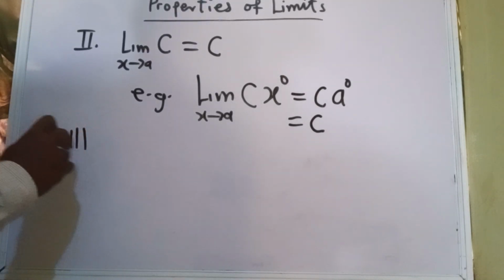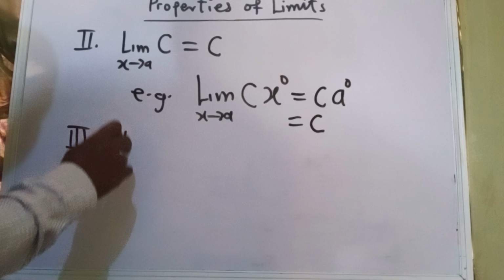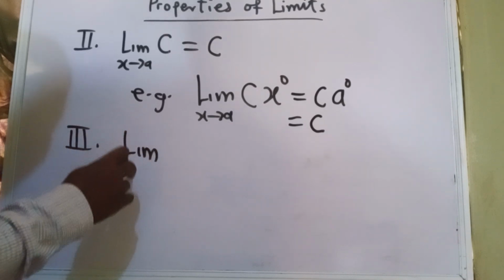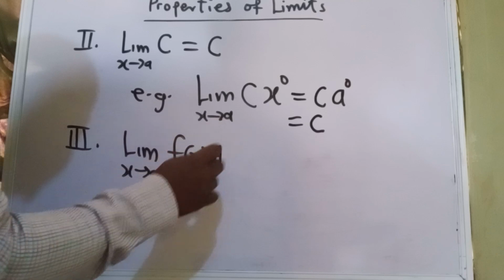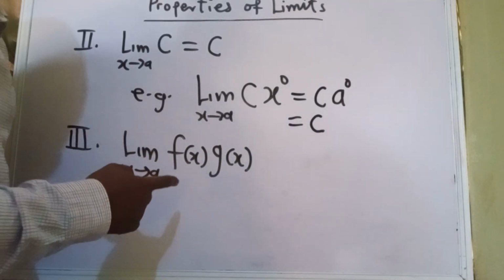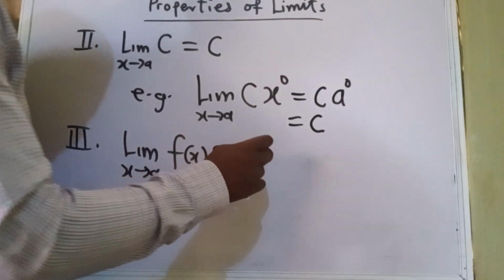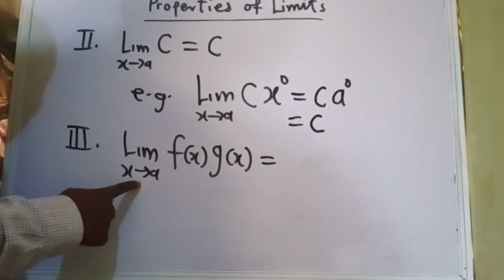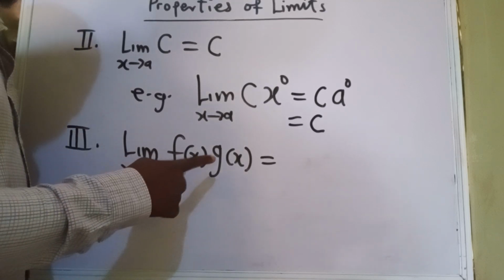The third property is the product law. This says if we have the limit of the product of two functions, f of x and g of x, again this limit will be distributive over the functions.